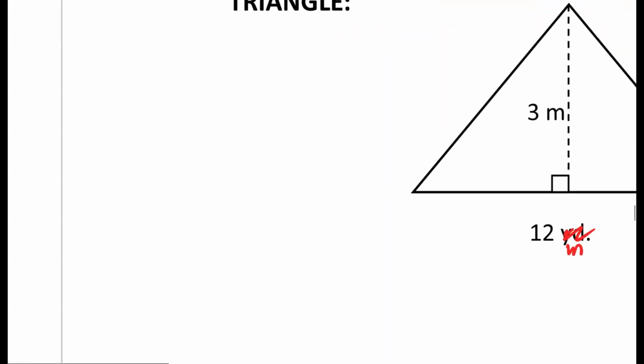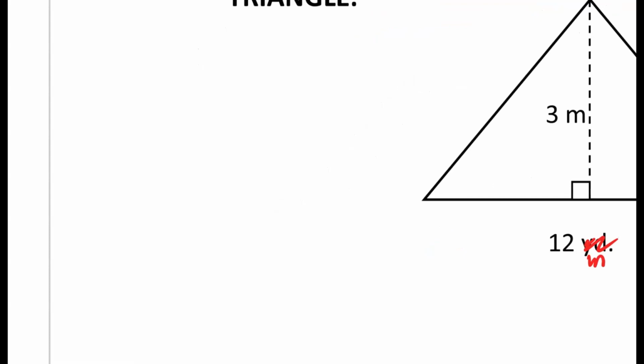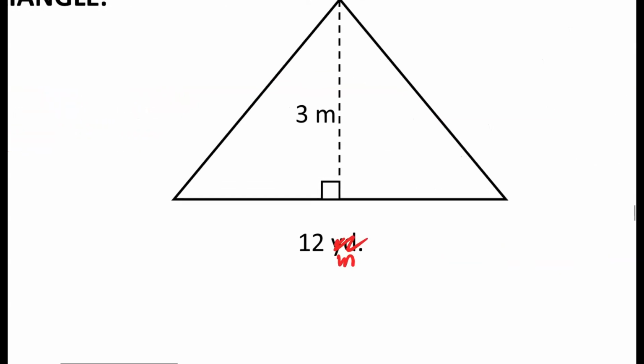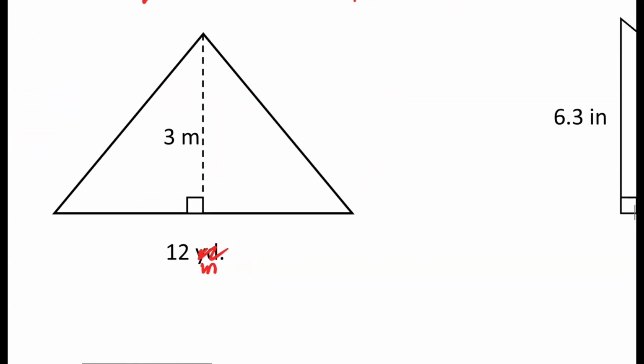So the formula that we want to use for calculating for a triangle is area equals base times the height, and then we're dividing it by 2. Now, this triangle here, we have a height of 3 and a base of 12.